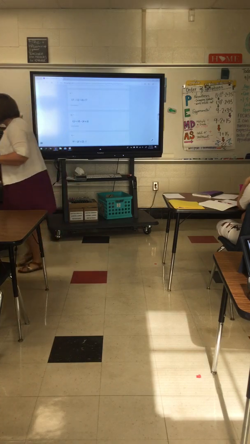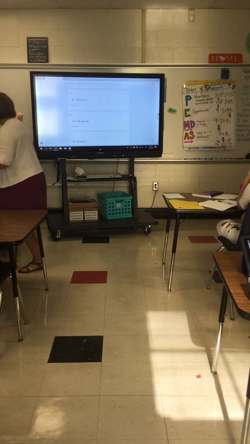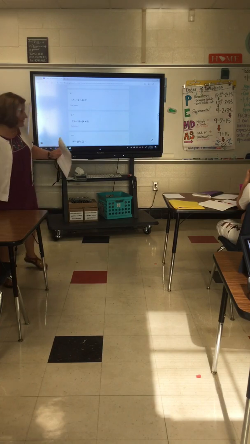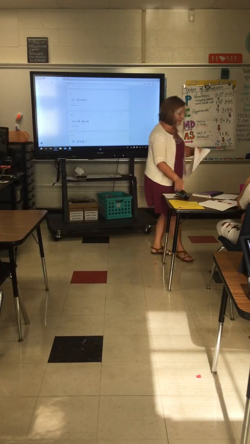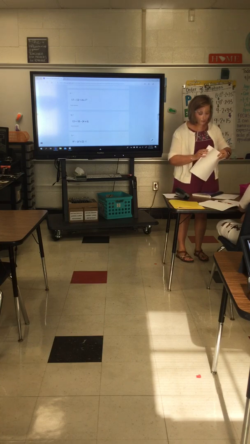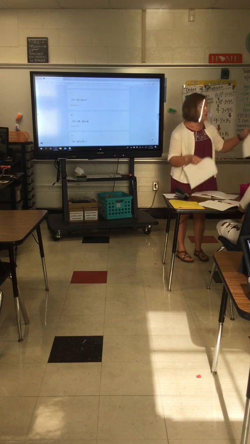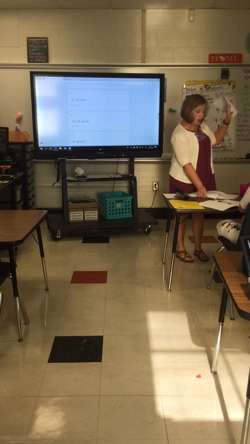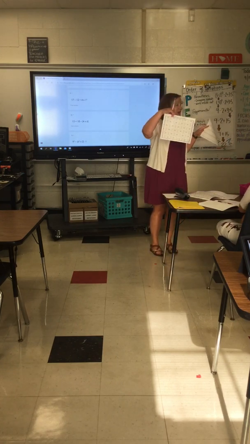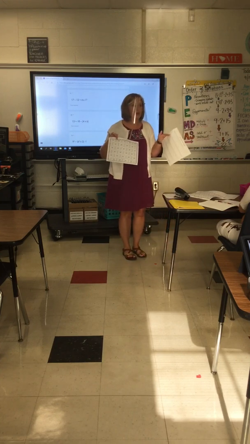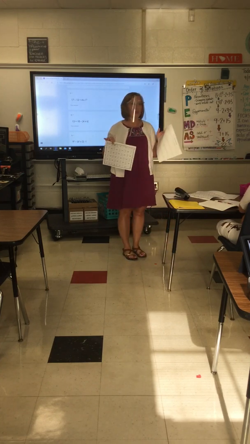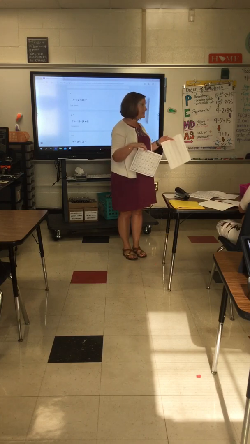But let me show you what is neat about this sheet that I've got for you, okay? On the front sheet, you will see the problems, all right? On the back sheet, on the second sheet, is a color sheet. I do not care about your coloring, okay? Y'all, that's like 5K stuff, first grade stuff.